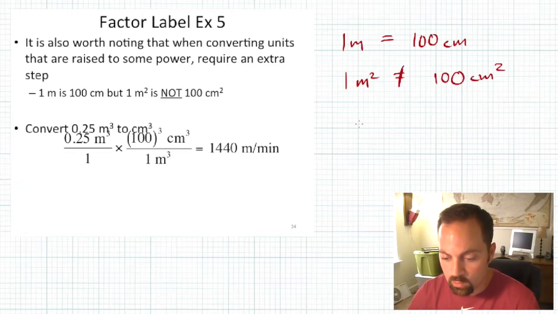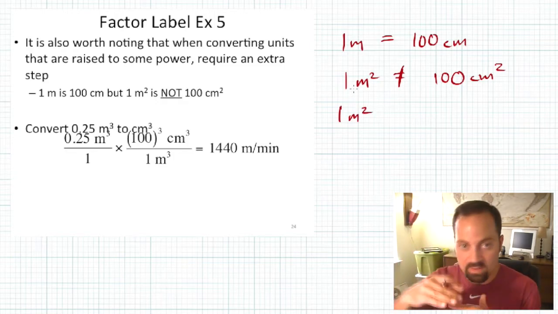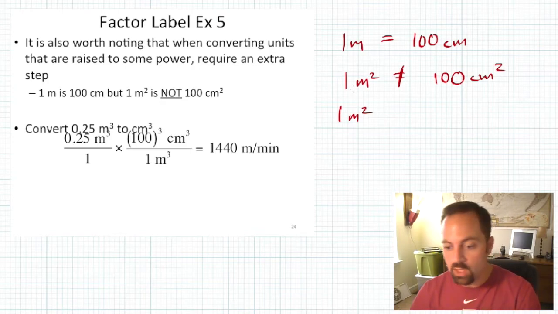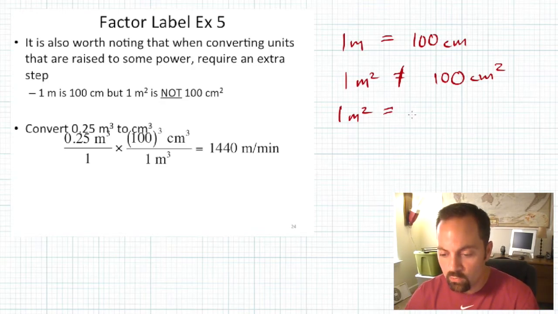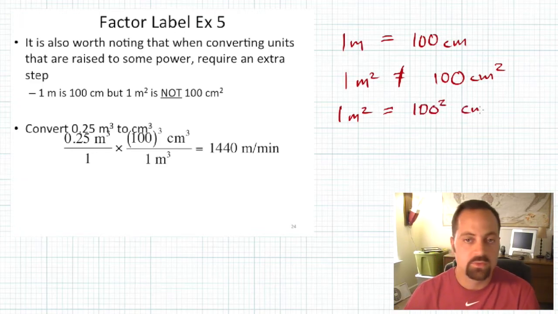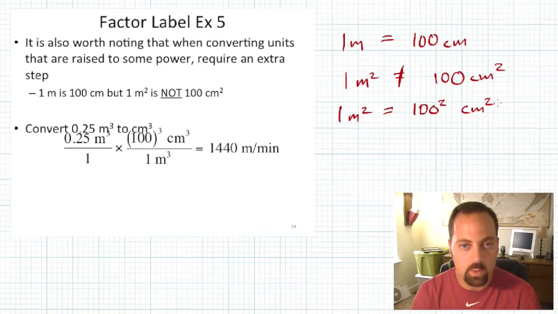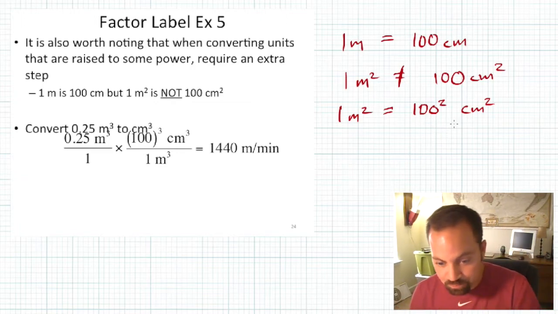So 1 meter squared, if we're going to write fractions where the numerator and the denominator are equal, we have to state that 1 meter squared is equal to 100 squared centimeters squared. Okay, that's how we would write an equivalent numerator and denominator fraction. We have to square the coefficient out front of whatever unit we're converting to.